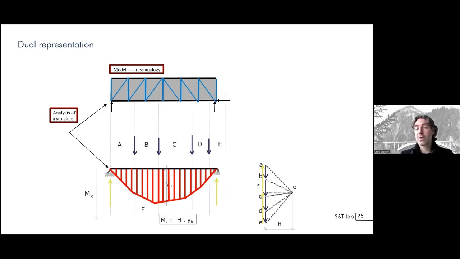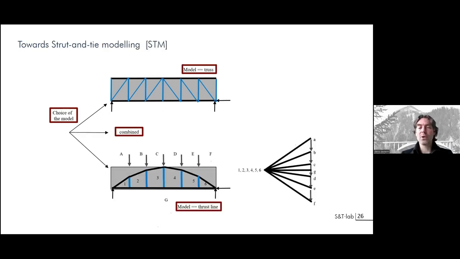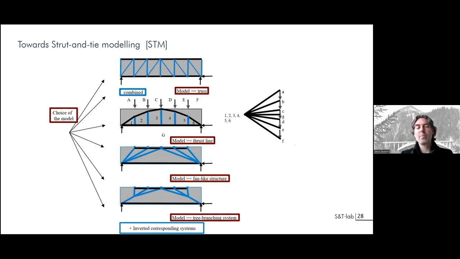Of course, you can make a connection with graphic statics, and find the associated mechanism. You can also combine models, of truss or truss lines or even something else. You can multiply models, as in this case, for finite structure or tree branching system, that will all enable you to assess your system.